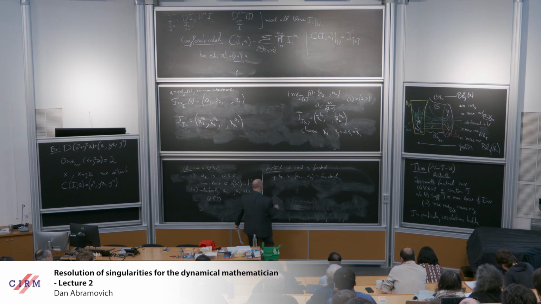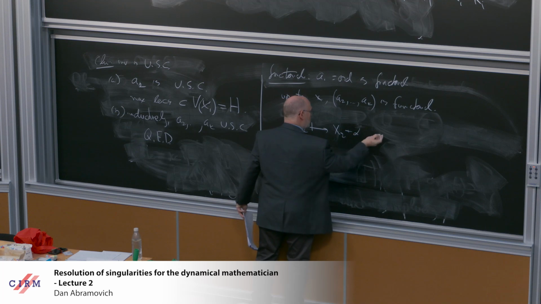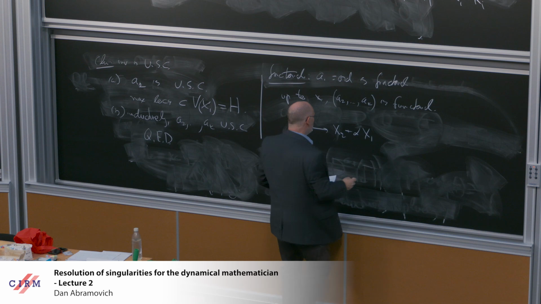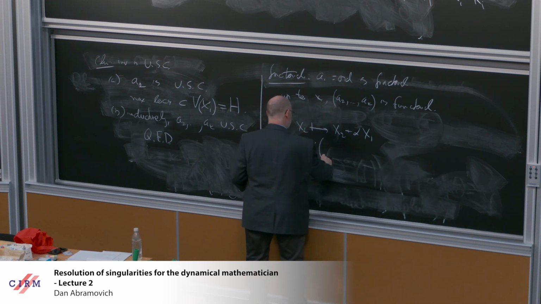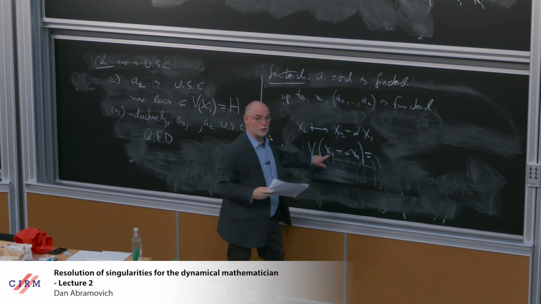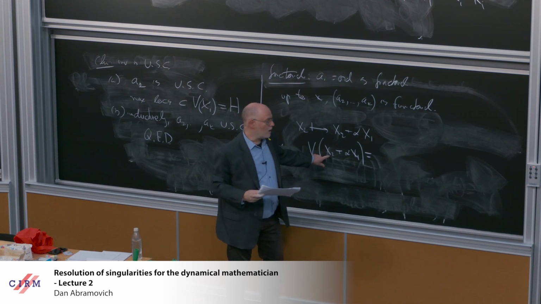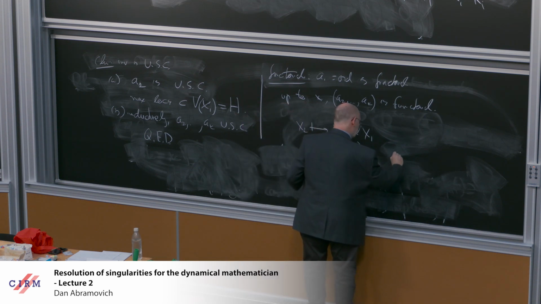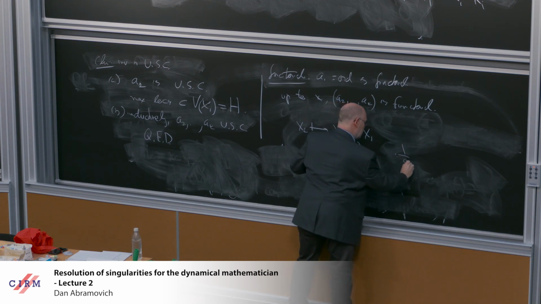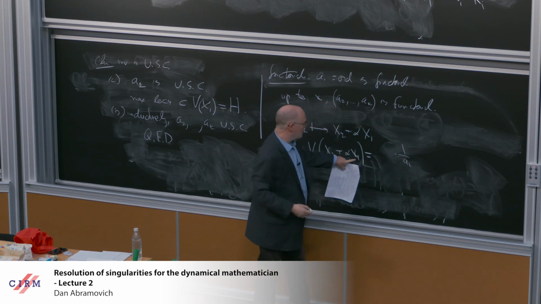So if I replace x2 by x2 plus some multiple of x1, or any of the others, then you note that the valuation of x2 is 1 over a2. The valuation of x1 is 1 over a1.